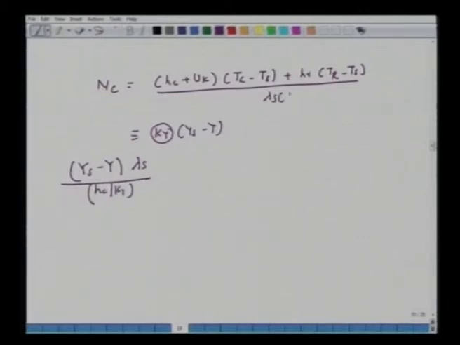Lambda S has to be calculated at TS, which is not known to us, but nonetheless we'll come back to that later. Let's rearrange these equations like this: 1 plus UK over HC, TG minus TS plus HR over HC, TR minus TS.